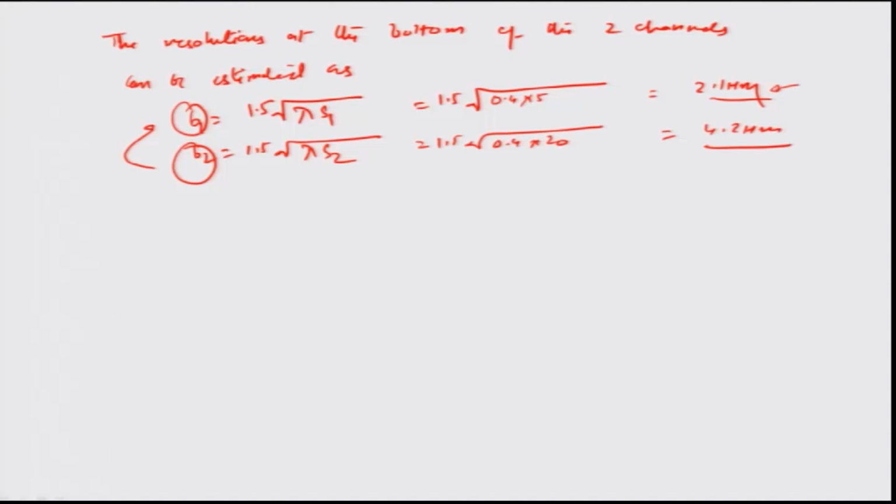In this case the depth is about 5 micron, and this increases to 4.2 microns as the depth changes to 20 microns. So, deeper channels therefore cause larger distances and blurrier images.